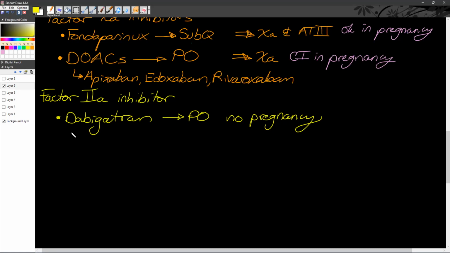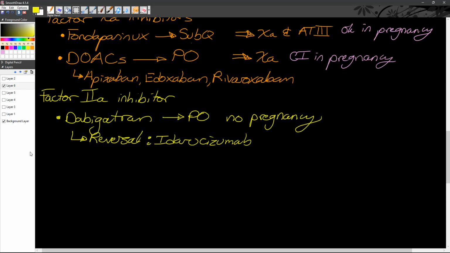And what's important to know about dabigatran is that it does have a reversal agent called idarucizumab. So let's say that someone is taking dabigatran, they're at risk of a stroke.